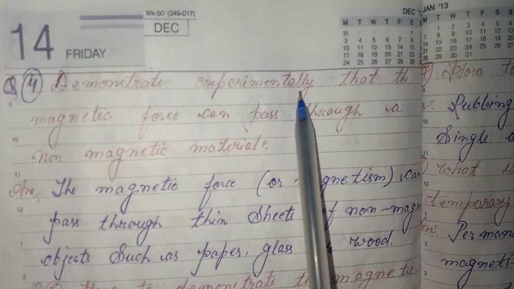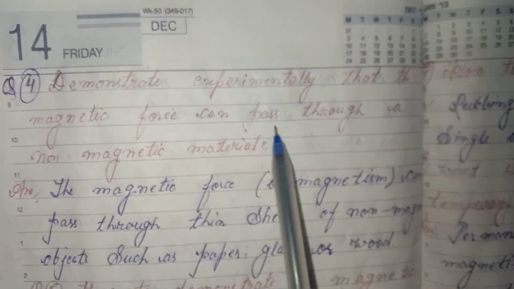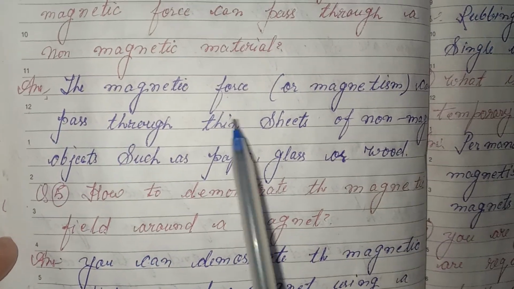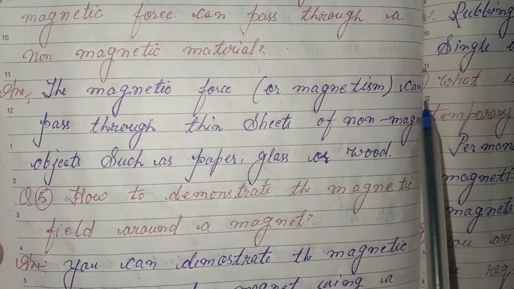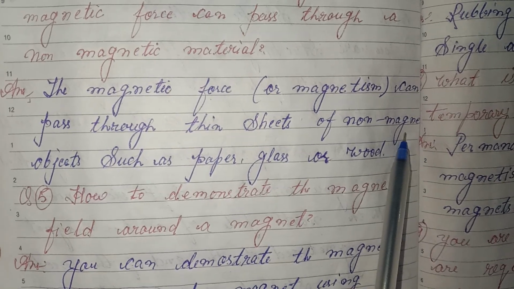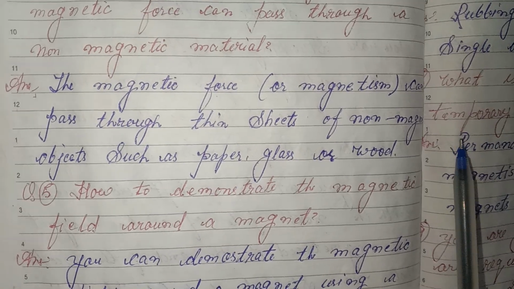Demonstrate experimentally that the magnetic force can pass through non-magnetic material. Answer: the magnetic force or magnetism can pass through thin sheets of non-magnetic objects such as paper, glass, or wood.